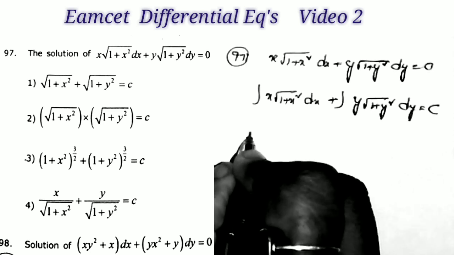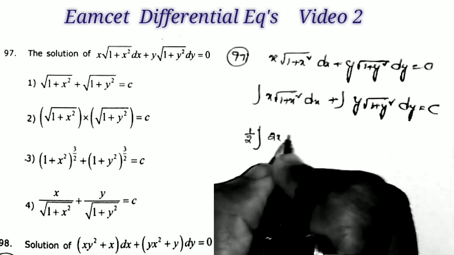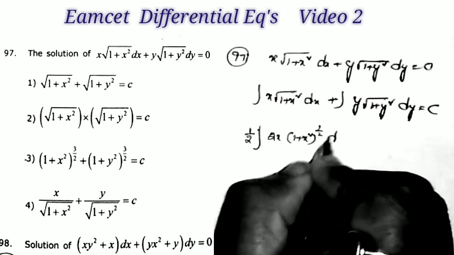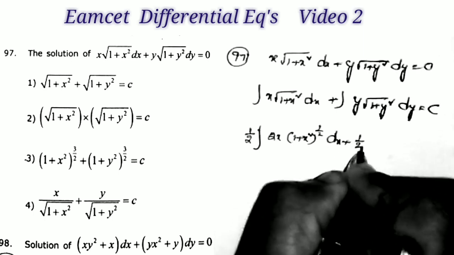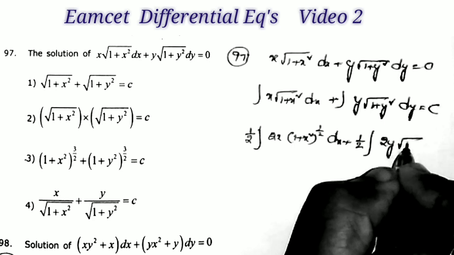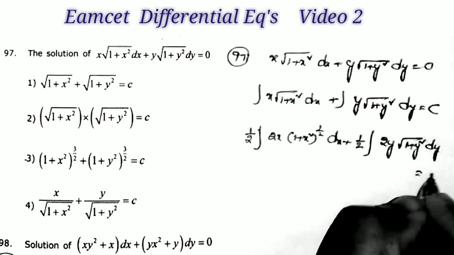See here, first I apply the number 1 by 2: 1 by 2 into 2x into 1 plus x square power 1 by 2, plus here also I apply 1 by 2: 1 by 2 into 2y into square root of 1 plus y square into dy is equal to c.